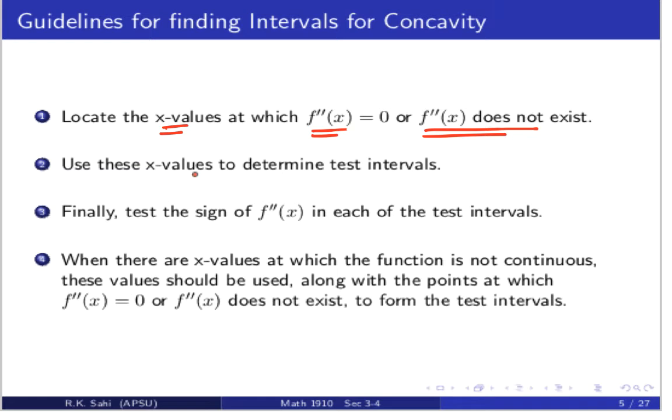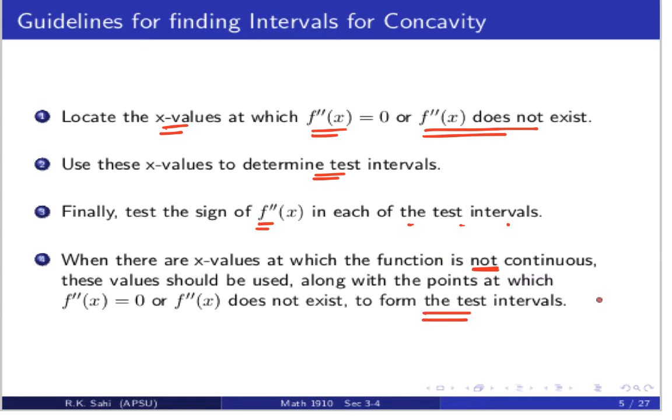Then we use these x values to determine the test intervals. Then we finally test the sign of the second derivative in each of these test intervals. And when there are x values at which the function is not continuous, these values should also be used along with the points from above to form the test intervals.